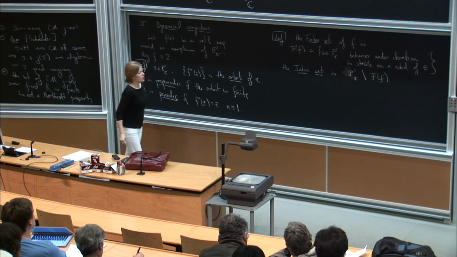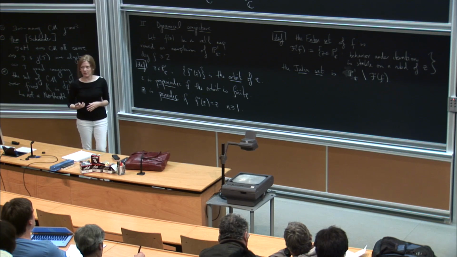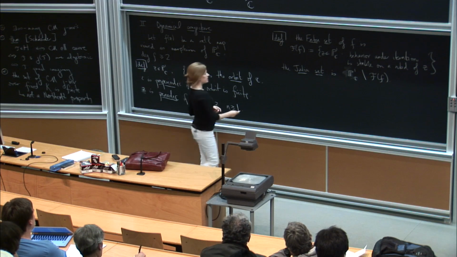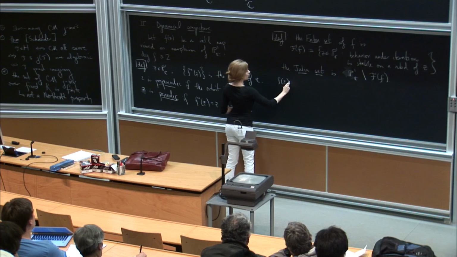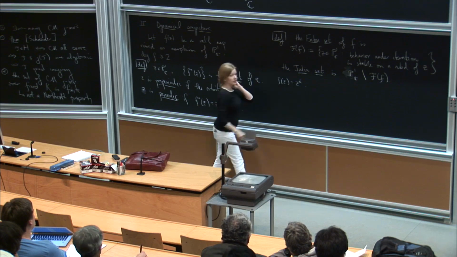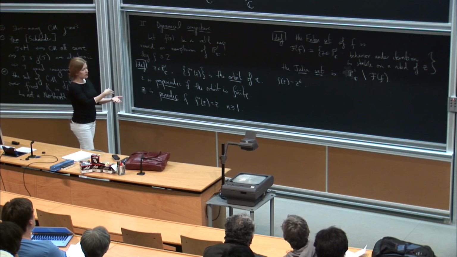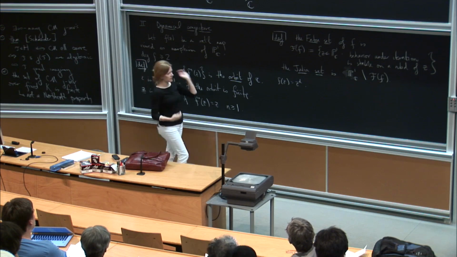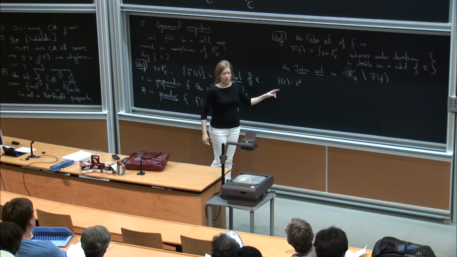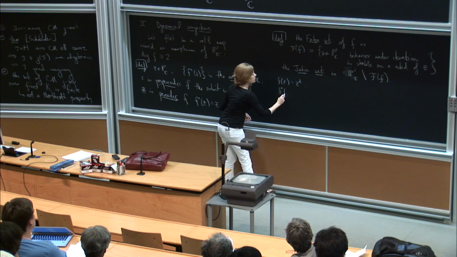Okay? So as an easy example, about the only easy example, consider the power map z to the d, where d is at least 2. Now, if we look at the points on the Riemann sphere and ask what happens under iteration by this map, well, the nth iterate of this map actually has a closed form, right?